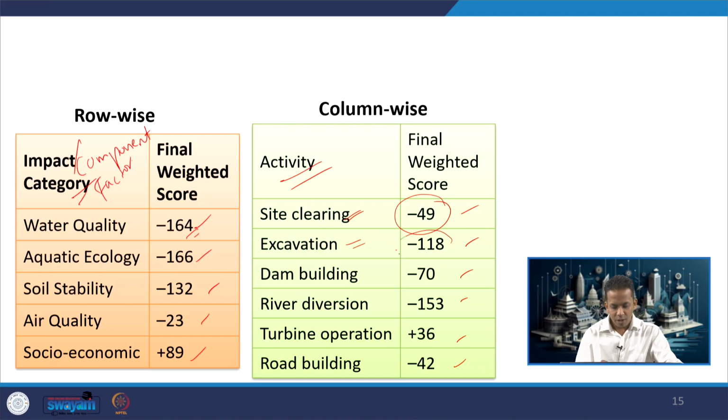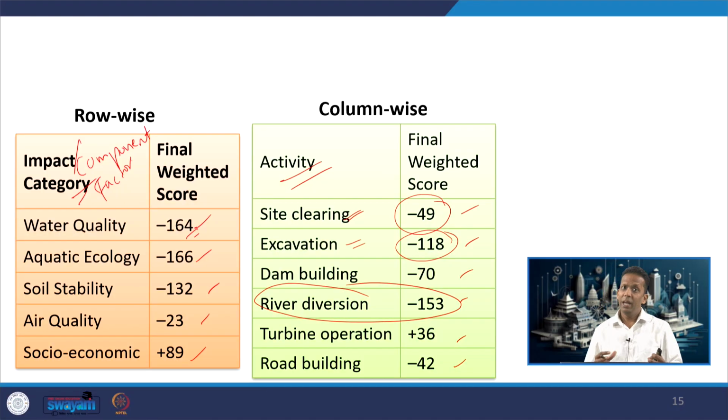Excavation has this much effect on all the environmental or socio-cultural events together. So, if you look at the values, it shows river diversion has the most negative impact on most of the environmental components.